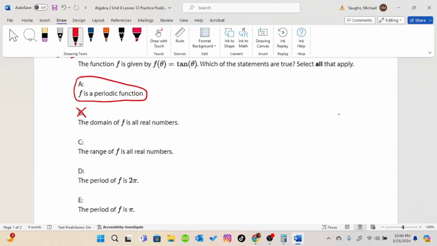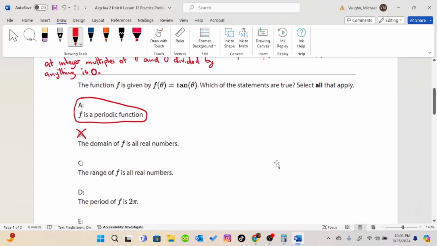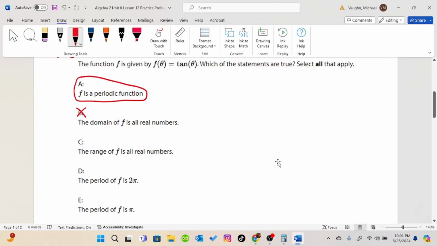Choice C. The range of f is all real numbers. What I'd like to point out is that each line segment will get closer and closer and closer to these asymptotes without ever touching. They will go up to positive infinity and they will go down to negative infinity. So the range is all real numbers. So C is also correct.